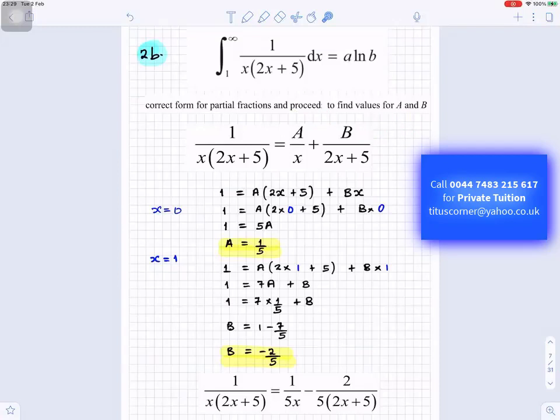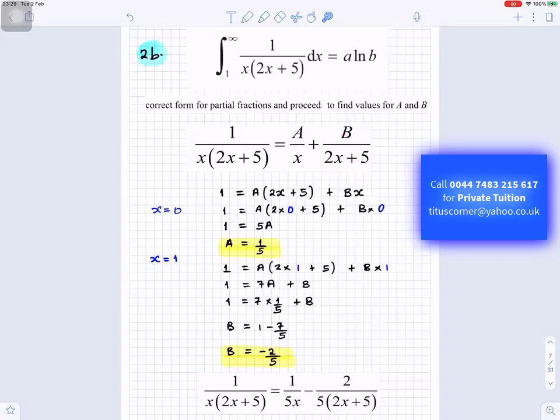So that means it would cross out on this part and you're left with 1 on the left hand side. And you have a, the x would cross out for a, you'll be left with 2x plus 5. You have b, the 2x plus 5 will cross out, you'll be left with x.